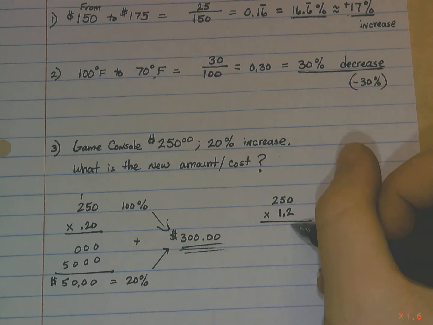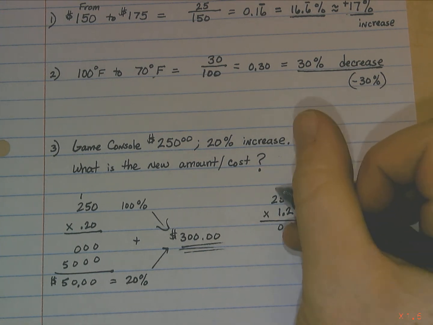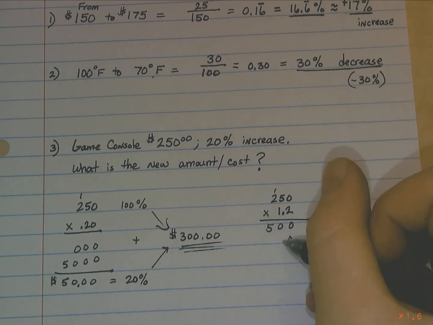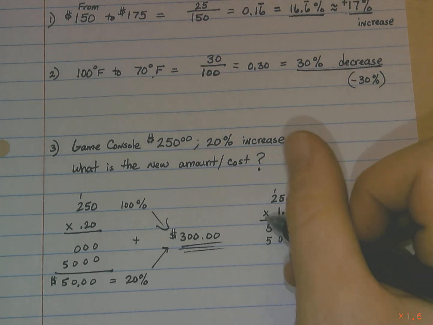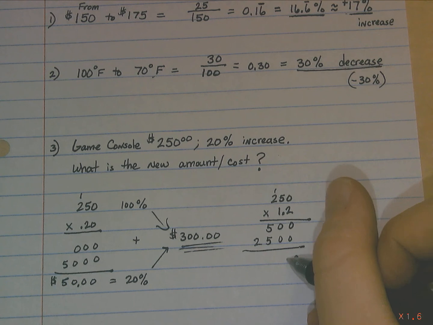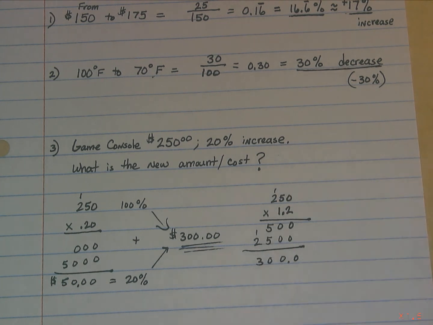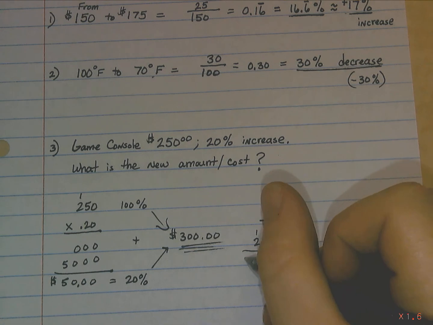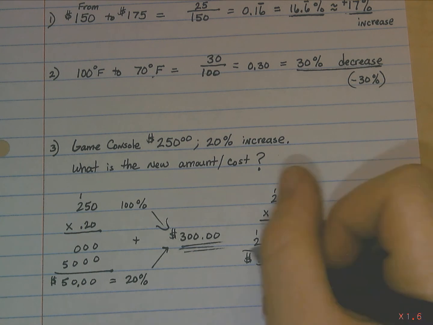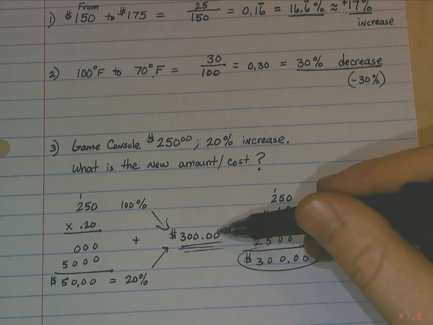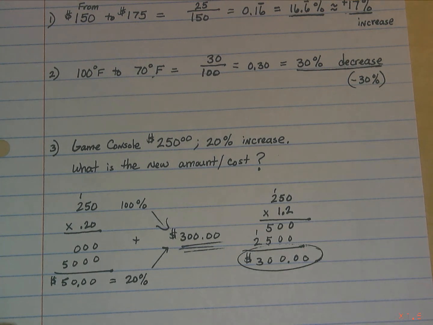Add it all together, 1 decimal point here, $300. So you end up with the same amount of money. So either way, you can do it together like this, or you can do it separately like that.